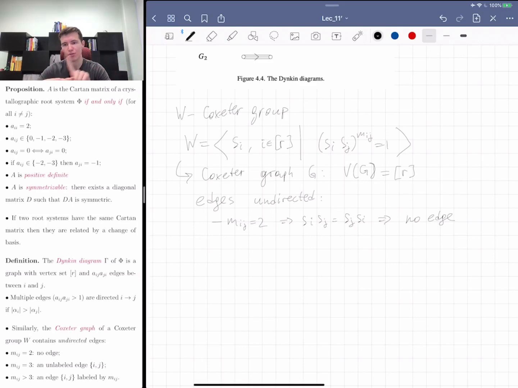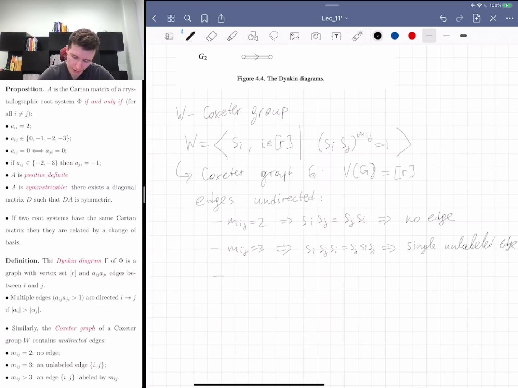So the corresponding two roots are orthogonal and not connected by an edge. If m_ij is equal to 3, then you have this braid relation, s_i s_j s_i is equal to s_j s_i s_j. And in this case, I'm going to put a single unlabeled edge between i and j.